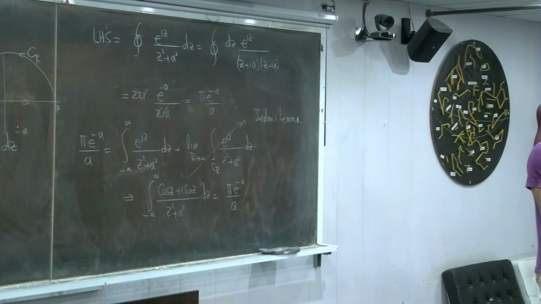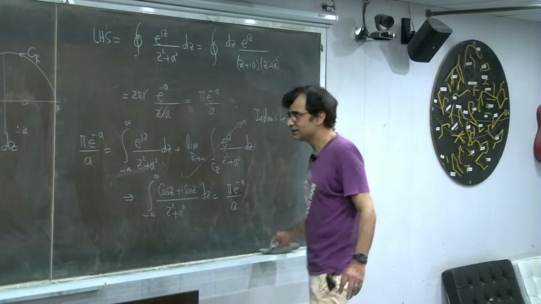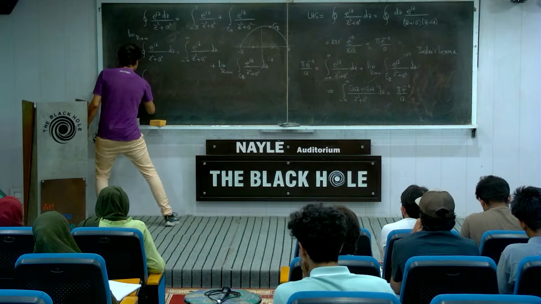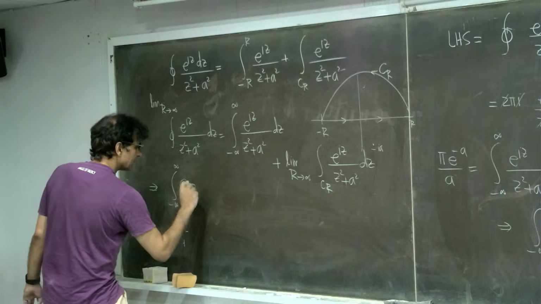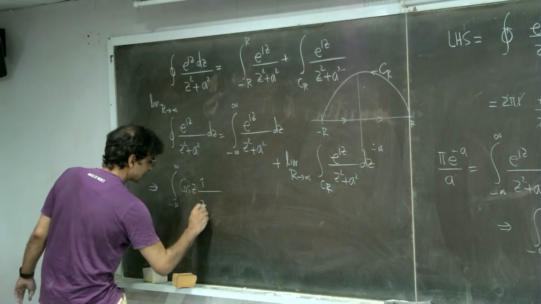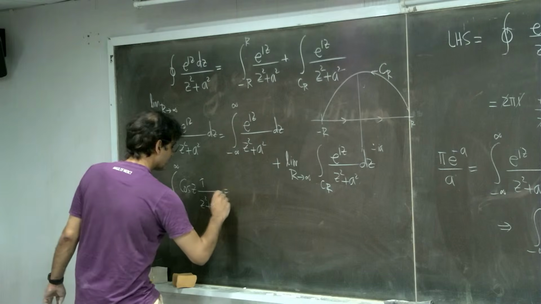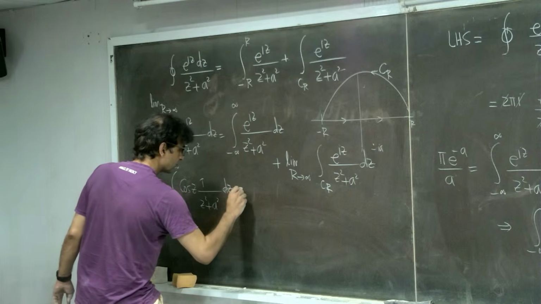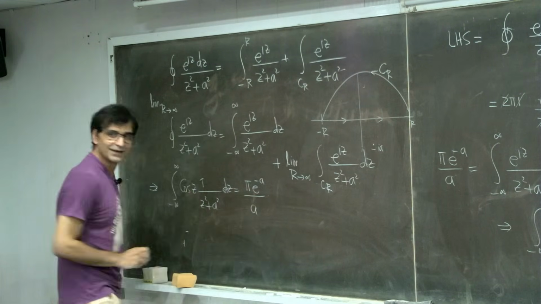Now you compare the real and imaginary parts. And this implies, let me write over. So you have integral minus infinite to infinite cosine z times 1 over z squared plus a squared, of course dz, is equal to pi e to the power minus a over a.